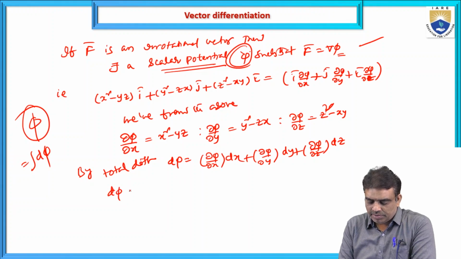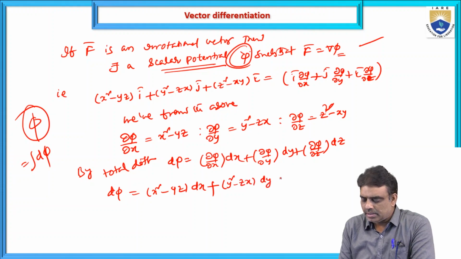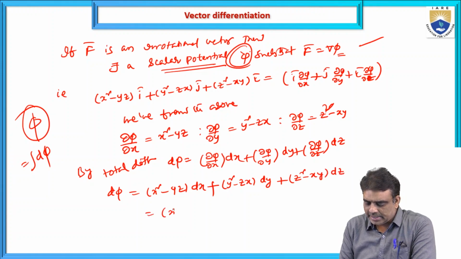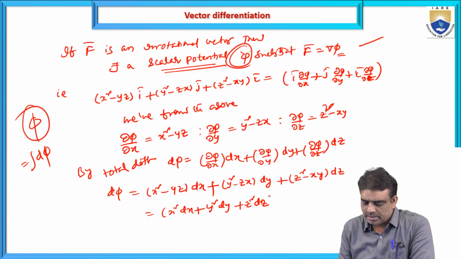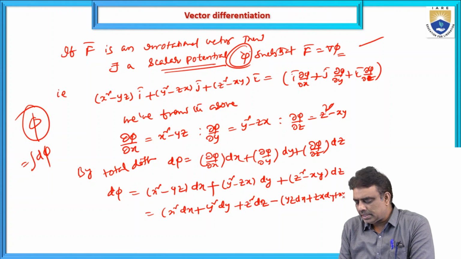So dφ is equal to ∂φ/∂x, x square minus yz, dx. That is the first term. Then ∂φ/∂y, y square minus zx, into dy, plus ∂φ/∂z, z square minus xy, of dz. Or I can rewrite this as x square dx plus y square dy plus z square dz minus of (yz dx plus zx dy plus xy dz).